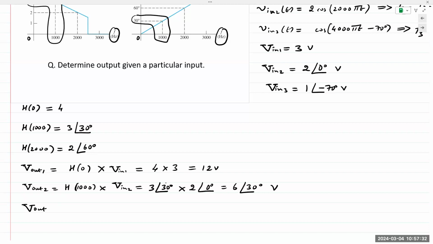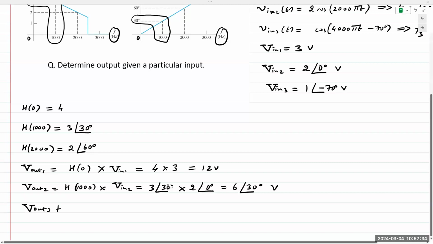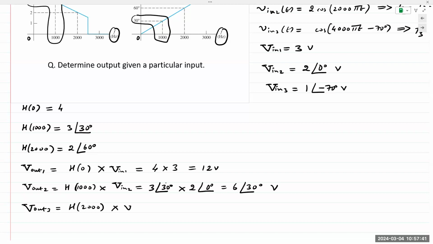And the phasor for V out 3 would be H of 2000 times V in 3, which is 2 with a phase angle of -10. And that's it. As easy as that.